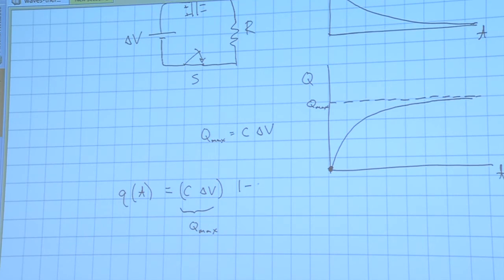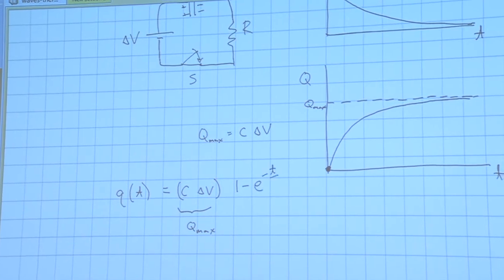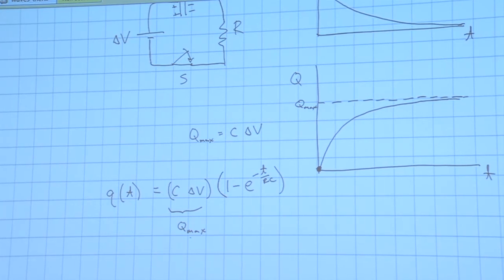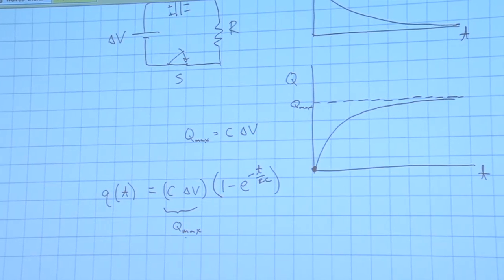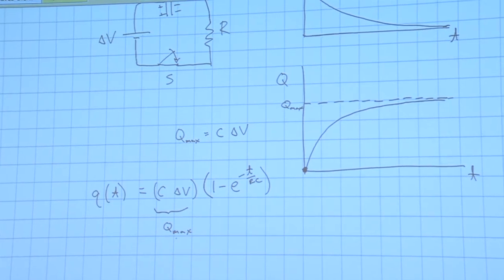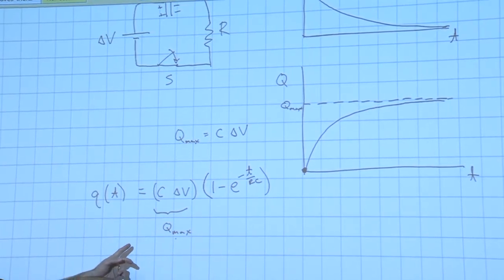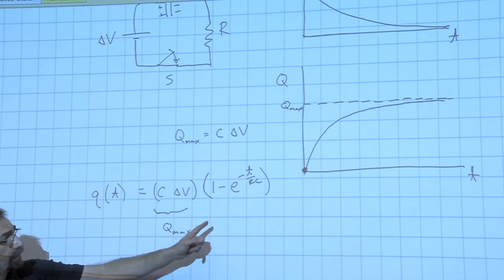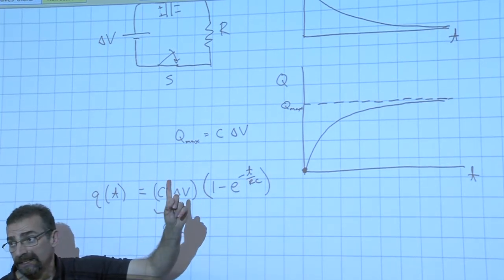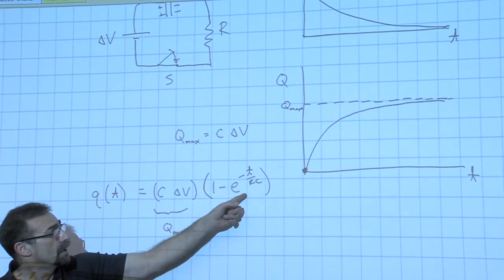Times 1 minus e to the minus t over RC. Let's just make sure this is right. When t equals 0, you get e to the 0 is 1. 1 minus 1 is 0.